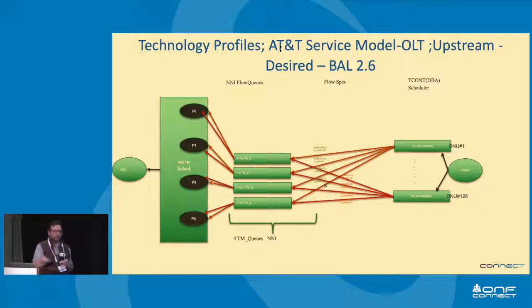The OMCI messages should all be the same. The question comes on the agent, the OpenOLT agent that runs on the physical OLT itself. That would need to adapt to whatever traffic management capabilities that physical OLT had. So the definition of the service is the same. The implementation under the covers needs to adapt to whatever the hardware can do.